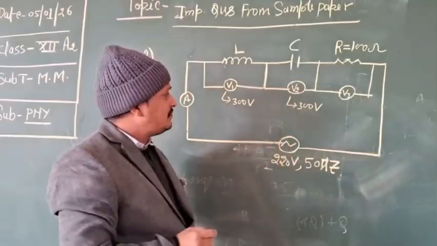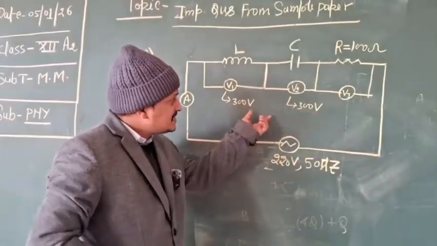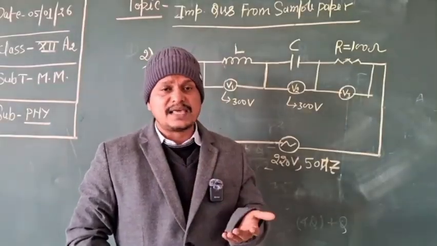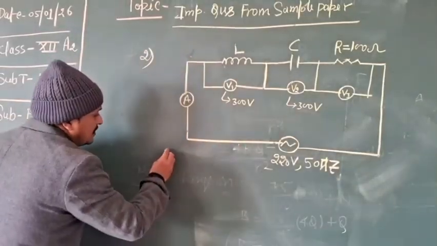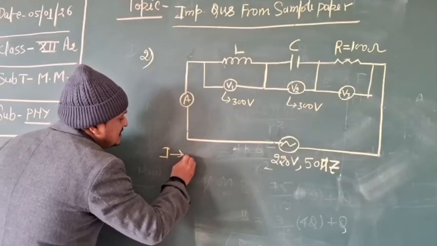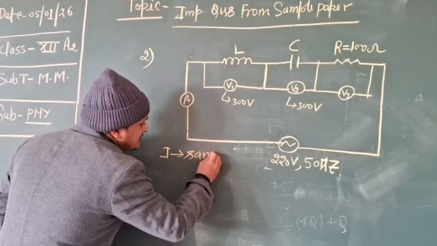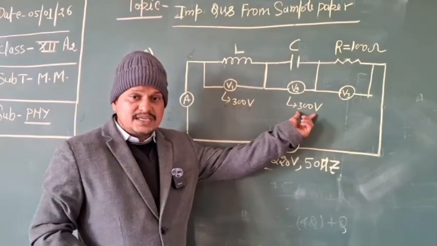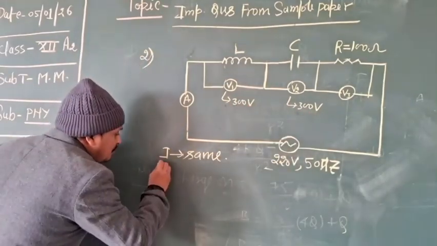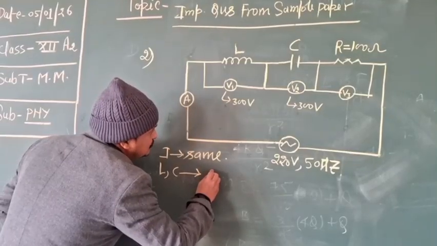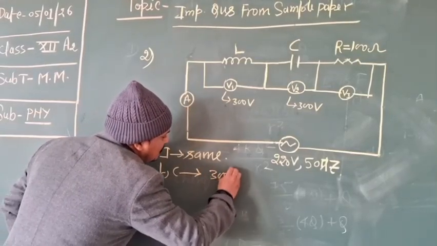You know very well that in a series LCR circuit, or any series circuit, the current will be the same. The voltage across L and C is also the same, 300 volt.